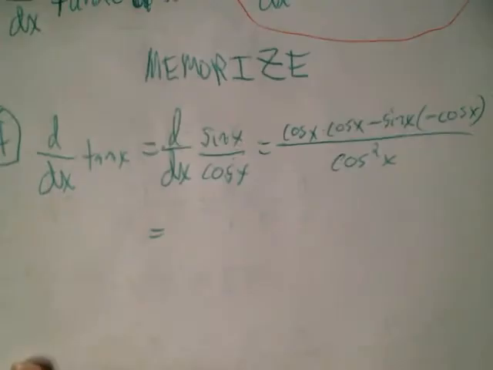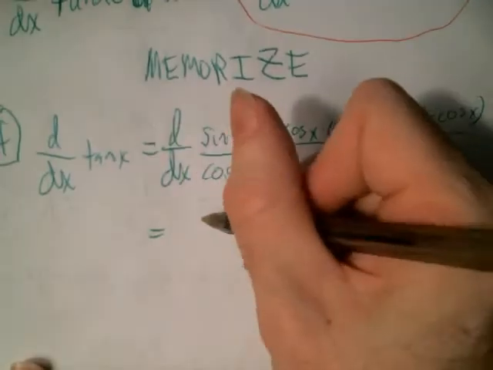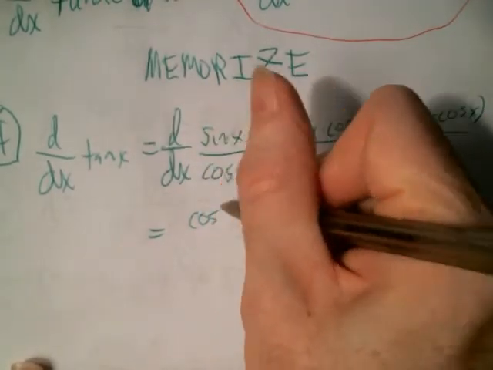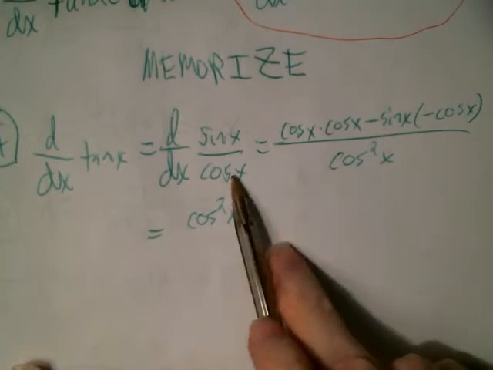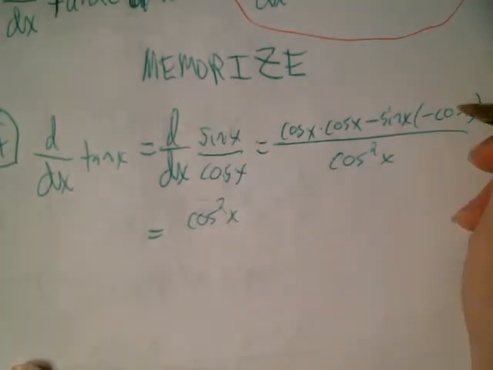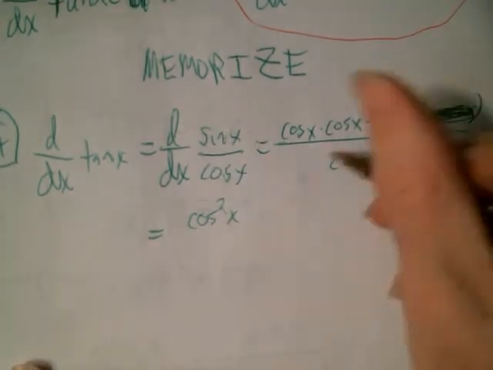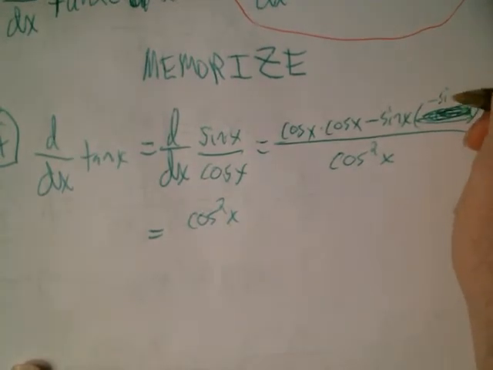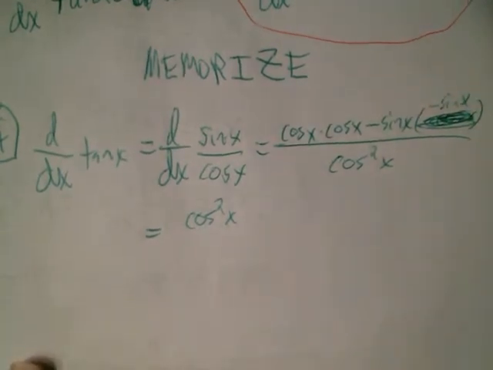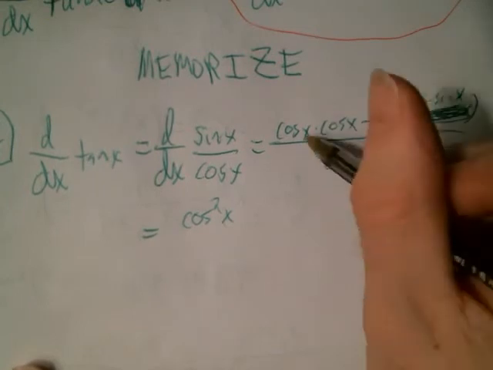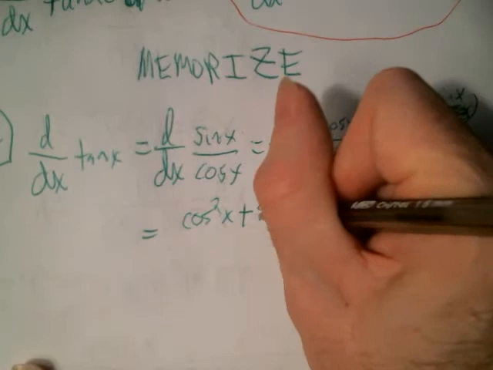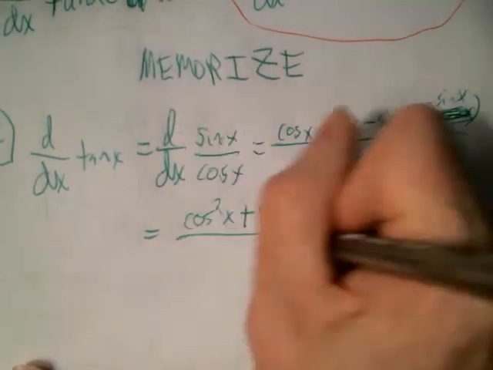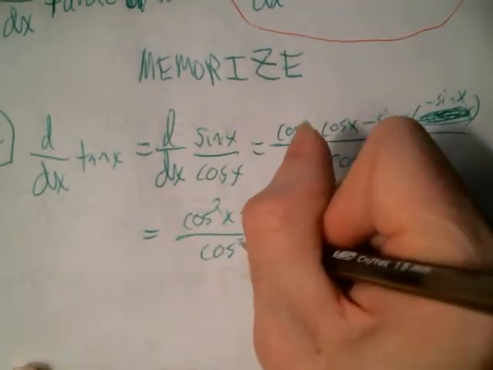So cosine times cosine is cosine squared. The derivative of the low, the derivative of cosine, is negative sine. So cosine squared minus sine times minus sine is plus sine squared, and that's all over cosine squared.